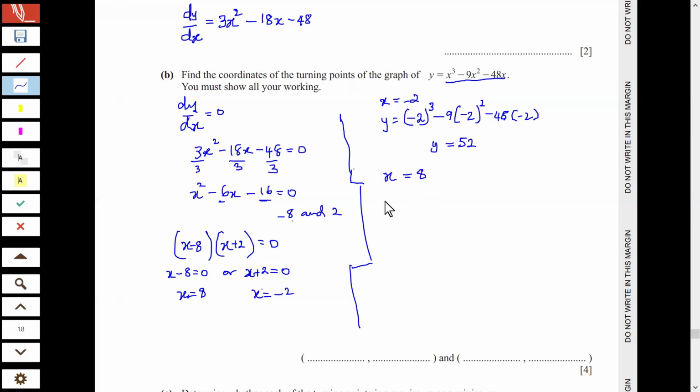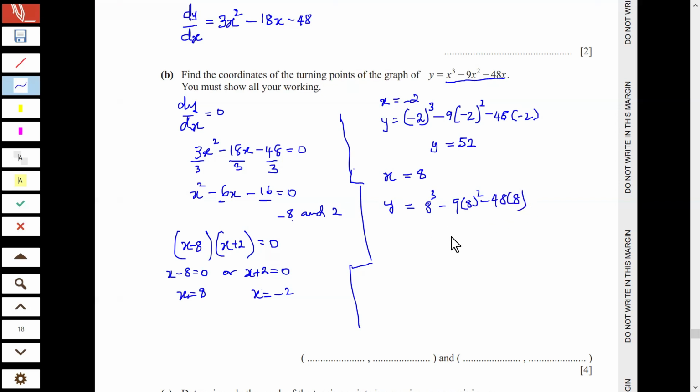When x equals 8, we have to substitute 8 into the equation. So we've got 8 to the power of 3 minus 9 times 8 squared minus 48 times 8.